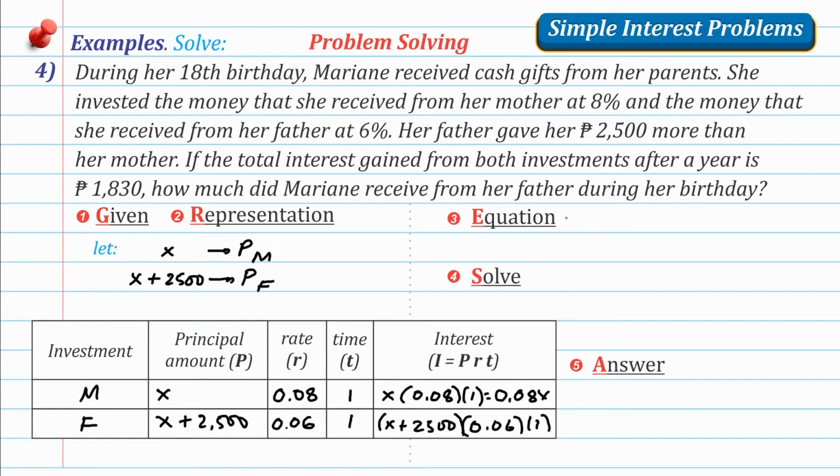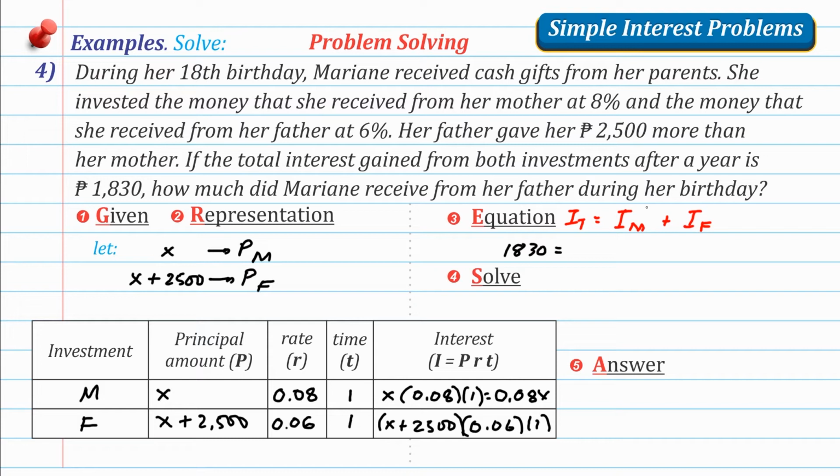Now, the very important equation we know is yung total na kinita, total interest, should be total na kita from her mother plus yung kinita from the money na binigay ng kanyang father. So, let's simply add that. Don't ever forget that formula. Substituting, do we know the total kita? Of course. It's 1,830. As indicated here, it's the total interest, total kita. So substituting, it's 1,830.